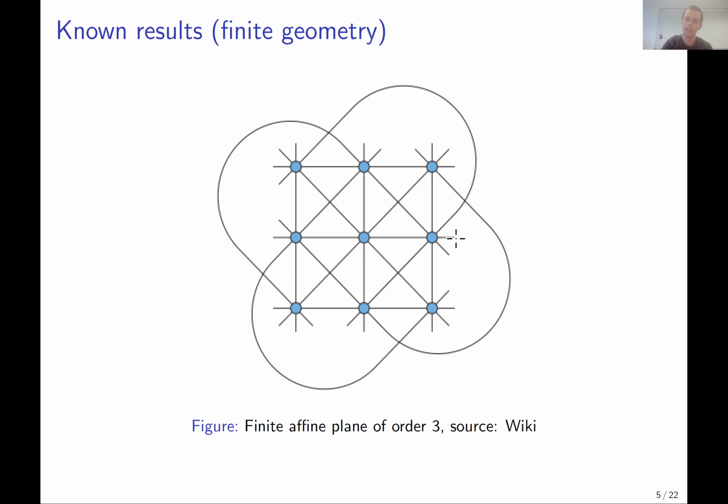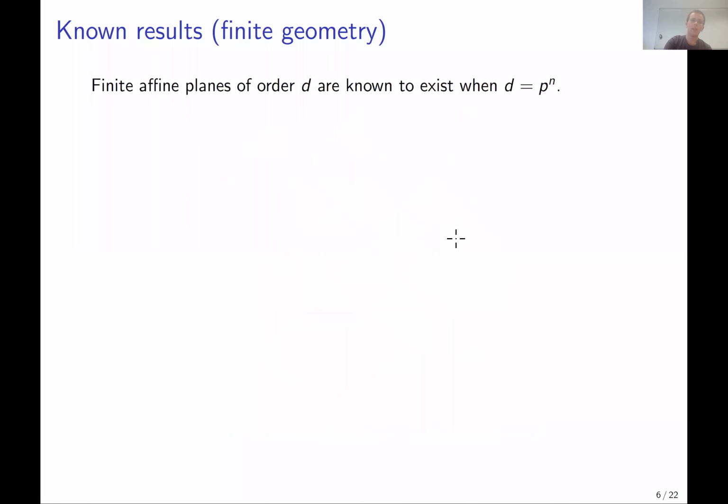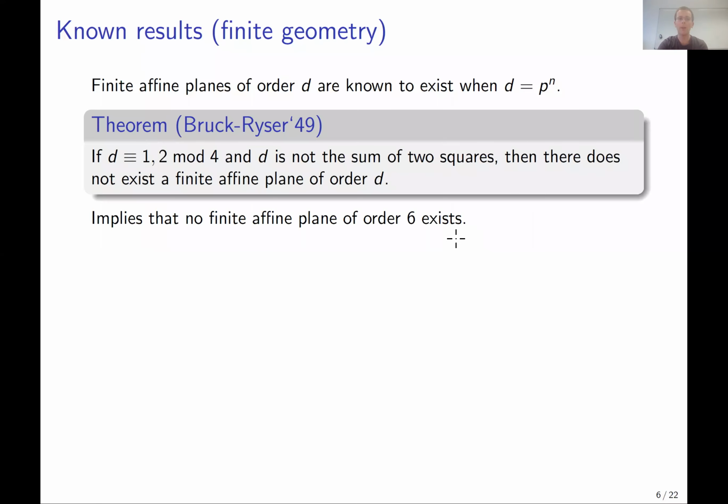So there are 4 classes of lines with the property that any pair of lines from distinct parallel classes intersect in exactly 1 point. For these objects, the existence question is very similar to MUBs, or when they are known to exist. It's also known that they exist if D is the power of a prime number. But here we know something much more.